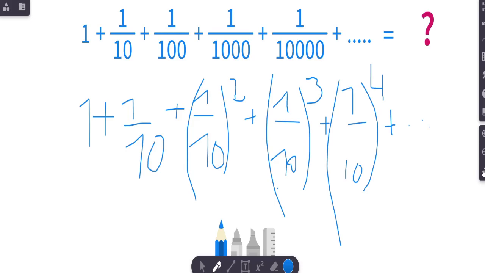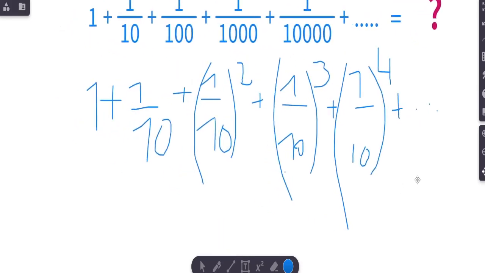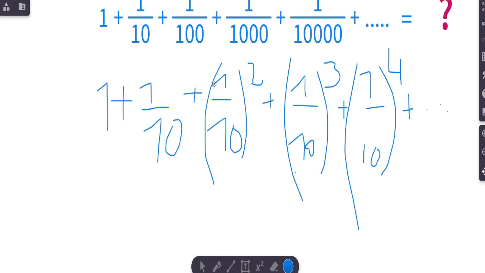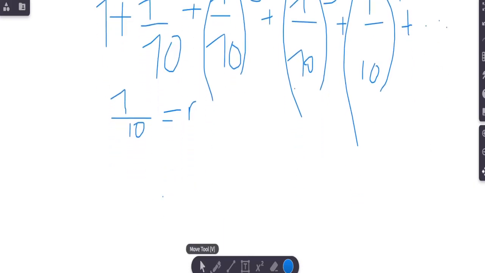Okay, so it's a sum of powers of 1/10. Okay, so this sum here, let's write 1/10 equals r. Okay, so we can rewrite this sum, and we are going to stop at a random number n.